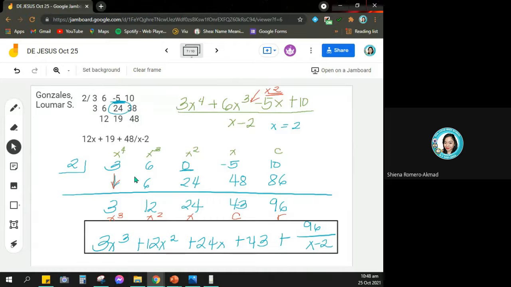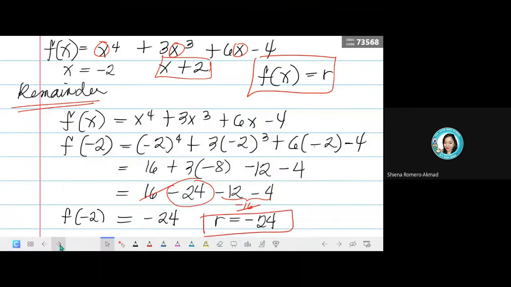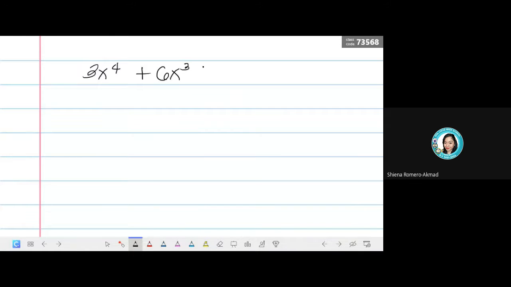Ito, number 6. We have 3x raised to 4 plus 6x cubed minus 5x plus 10. Divide natin siya sa x minus 2. Okay, let's have another. So we have 3x raised to 4 plus 6x cubed minus 5x plus 10.